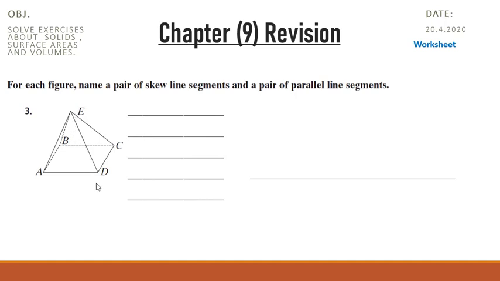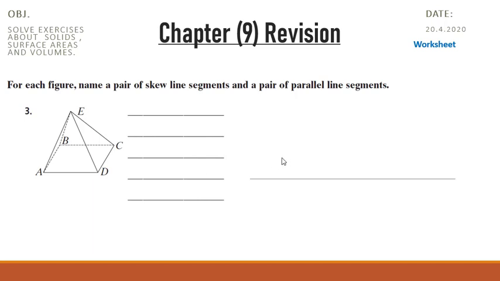Two skew lines? AB and DE. Excellent. When you search for two skew lines, you search in two different planes. They are not in the same plane. They are not intersecting and also not parallel. Great work, Maaz. Thank you.